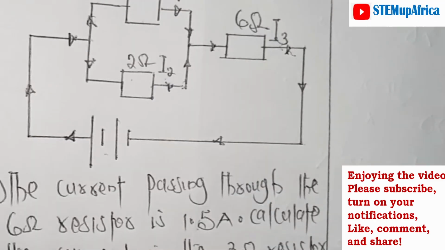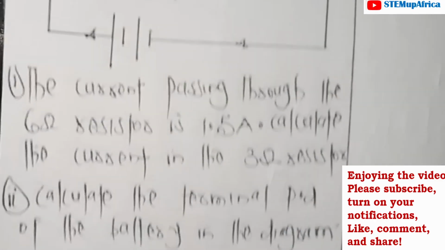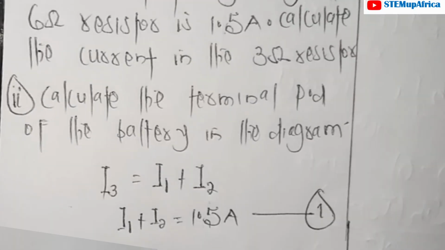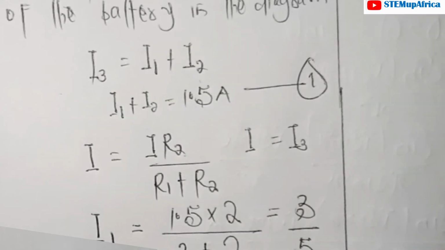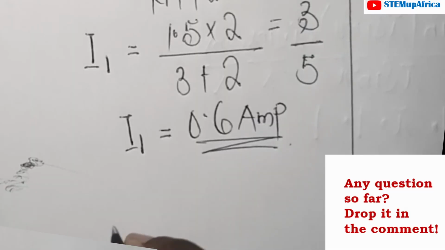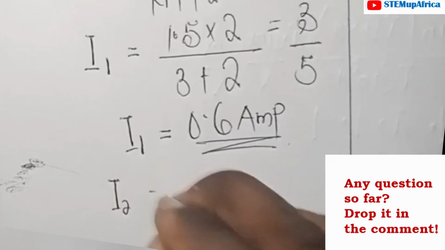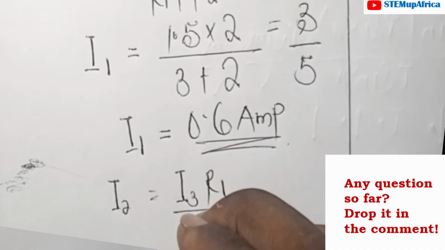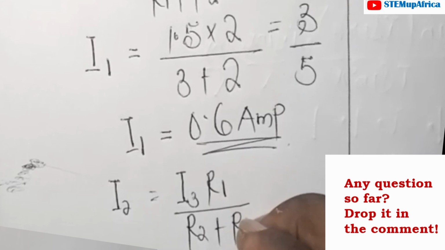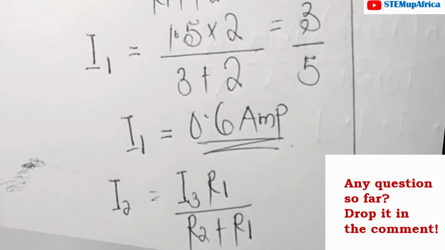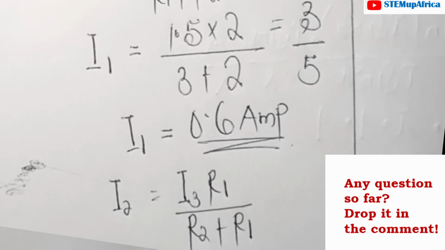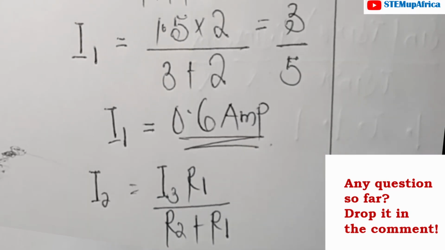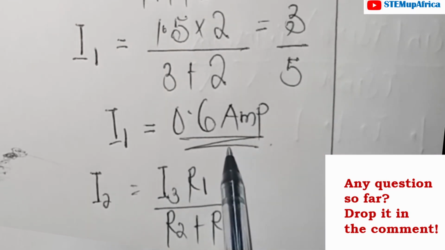So either you substitute the value of I1 into equation 1 to find I2, or you can also apply the current divider concept, which is I2 equals I3 times R1 over R2 plus R1. It gives the same answer. So that is the answer to Roman figure 1. The current that flows through the 3 ohm resistor is 0.6 ampere.